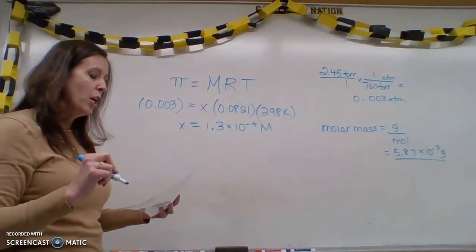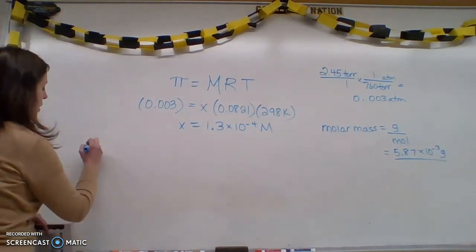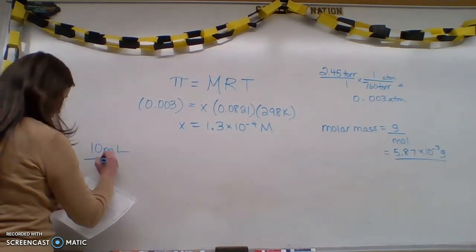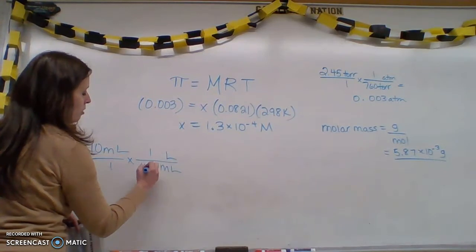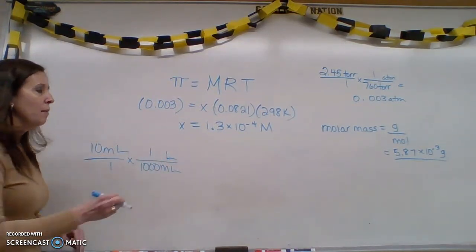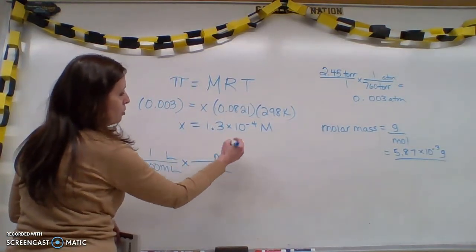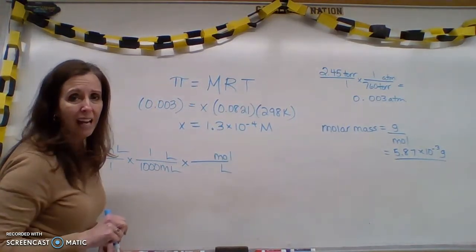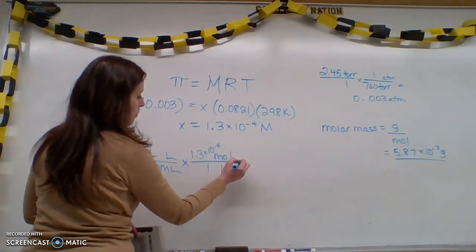Now, I know that I have a 10 milliliter solution, okay? And I know I can convert milliliters to liters because that's easy. Why did I convert it to liters? Because I'm looking for moles, and I can convert liters to moles using the molarity I just found. Okay?